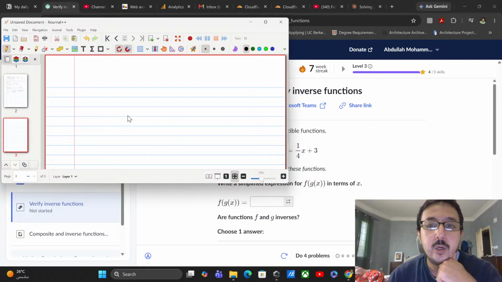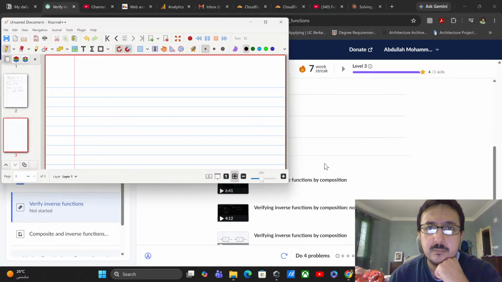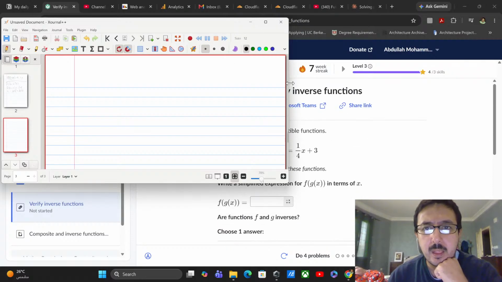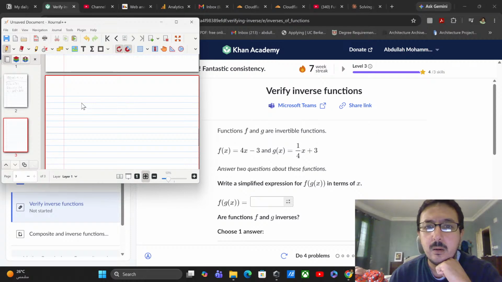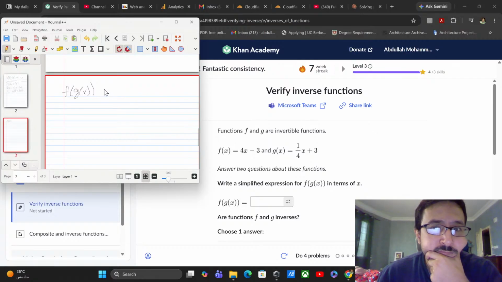So we're going to do f of g of x, which means 4 multiplied by 1/4 x plus 3, minus 3.